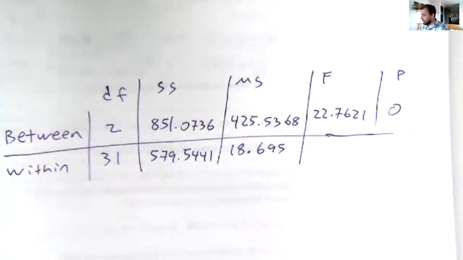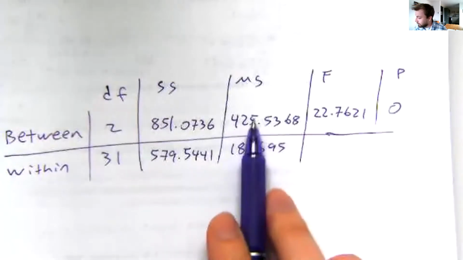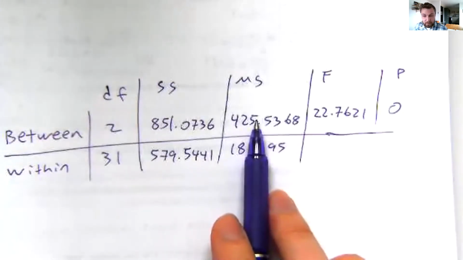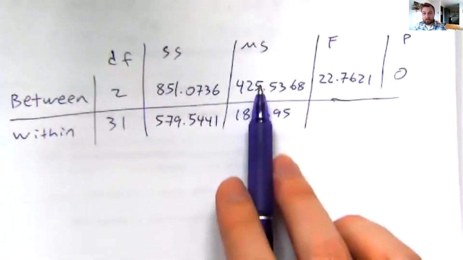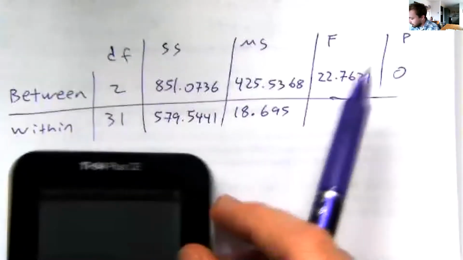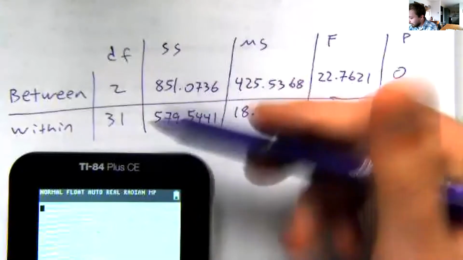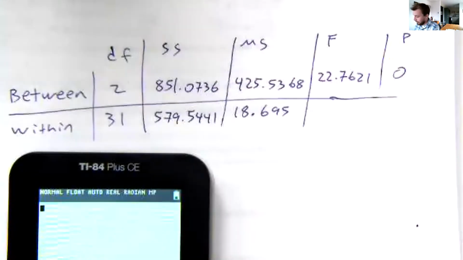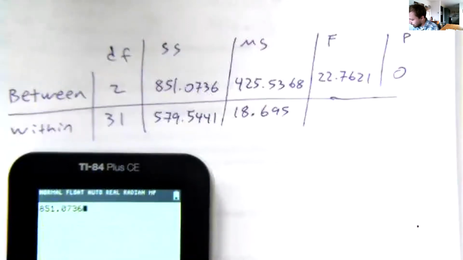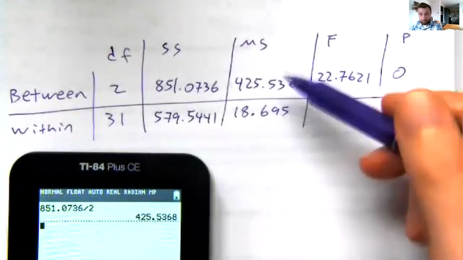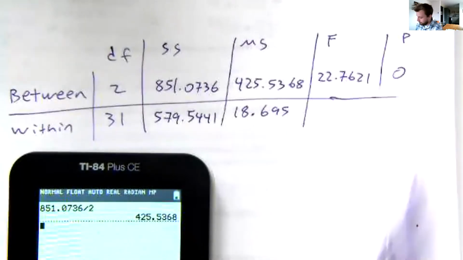And from this, I'm going to see how things match up. Well, first note, to get any of these MS values, it's pretty easy to check if these things look reasonable for your table, because to get an MS, you take your SS divided by your DF. So if I take this 851.7036 divided by 2, I'm getting this 425 number. That looks great.